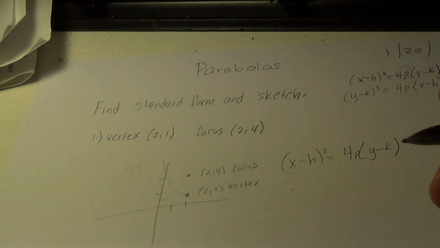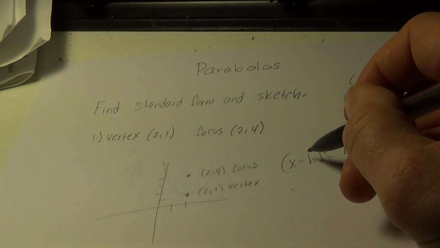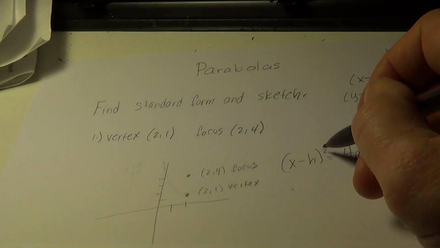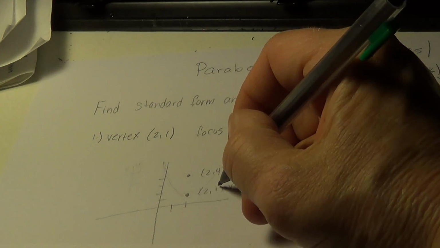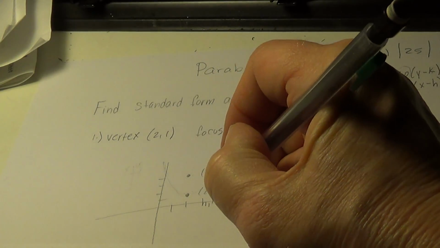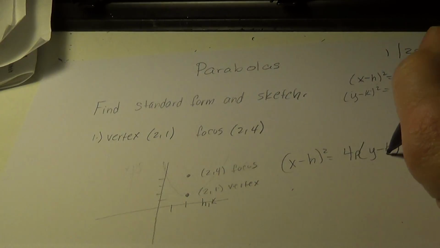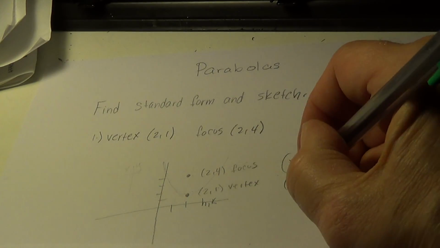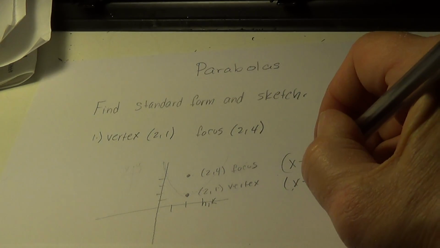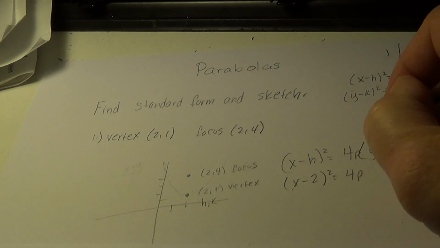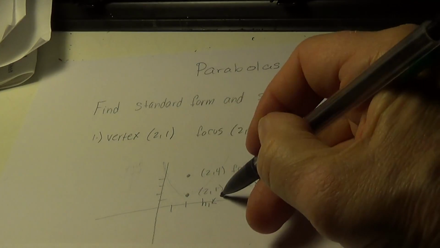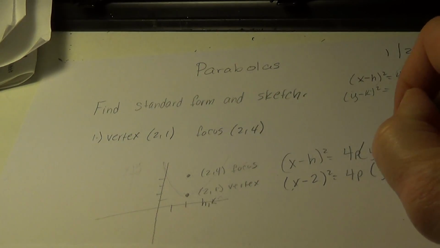The vertex is my h and k, and it goes into the formula with the opposite sign. So (x minus 2) quantity squared equals 4p(y minus 1).